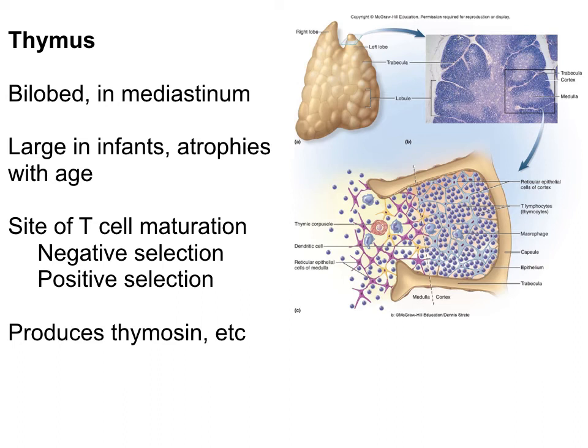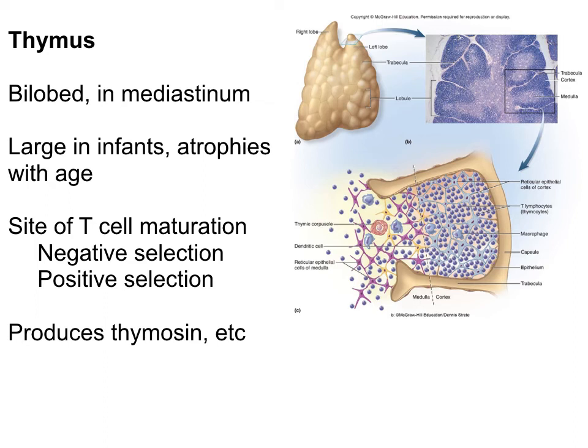So if a T cell is supposed to recognize the antigens on an APC, it has to be able to recognize these MHCs, these major histocompatibility proteins. If you can't recognize your body's MHCs, there is zero possibility for that T cell to mount an immune response. So if you can't mount an immune response, you're going to be negatively selected.